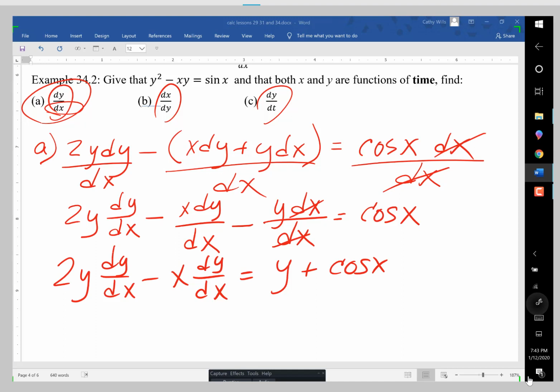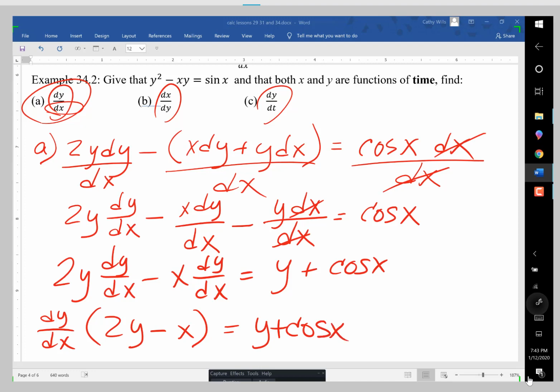And now we're going to factor out the dy/dx. And then we divide both sides by 2y minus x. We're going to get that dy/dx is equal to y plus cosine x over 2y minus x.